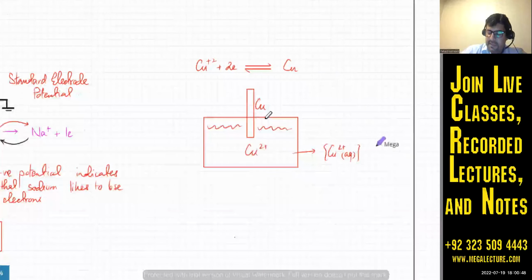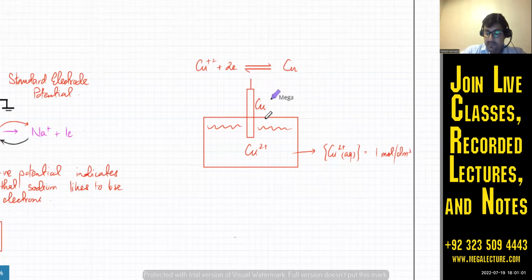The copper 2 plus ions will be 1 mole per dm cube. Now, if it likes to lose electrons, a lot of electrons will build up on this electrode, and the potential would be negative. If copper ions want to gain electrons, the electrode would become electron deficient, and it will have a positive charge.